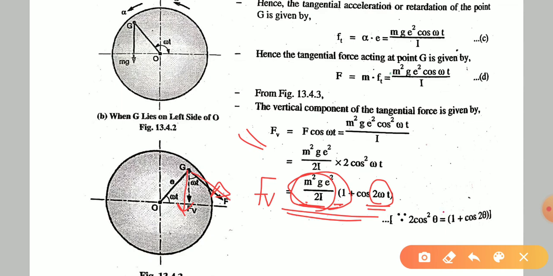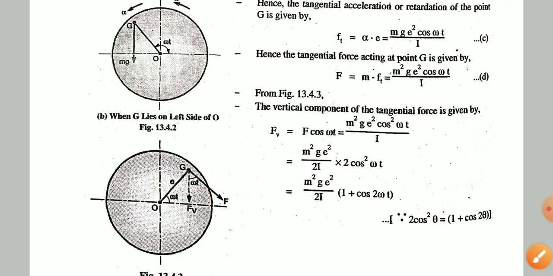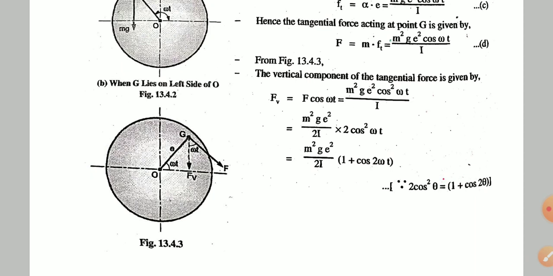This leads to a resonance condition, and hence a large amount of vibration occurs. This effect is called half frequency whirl. So this was the secondary critical speed. Now let us discuss the critical speed of shaft carrying multiple rotors.